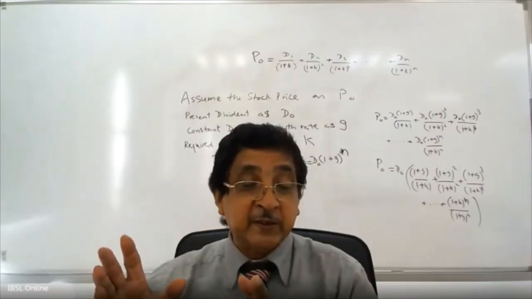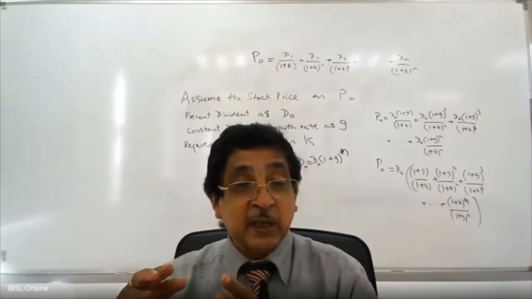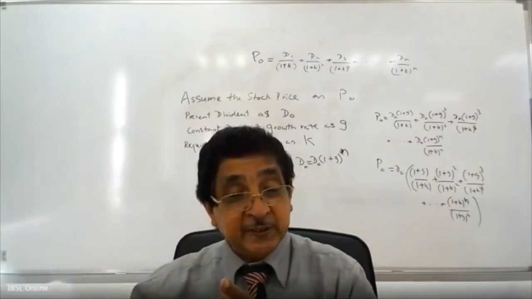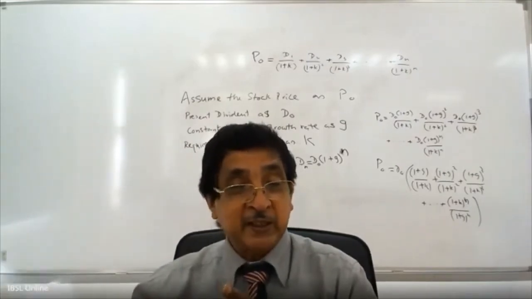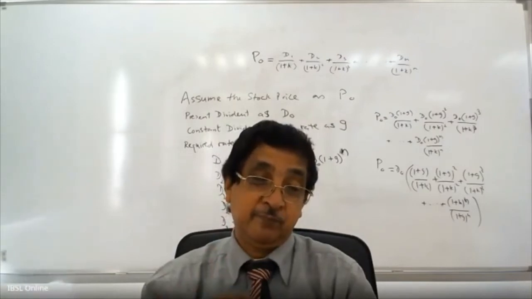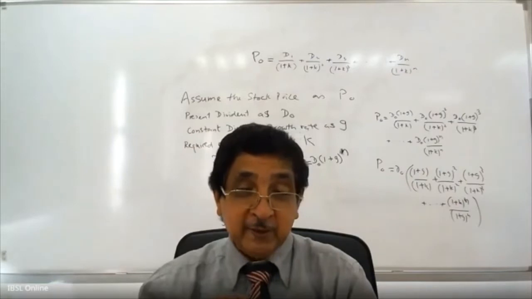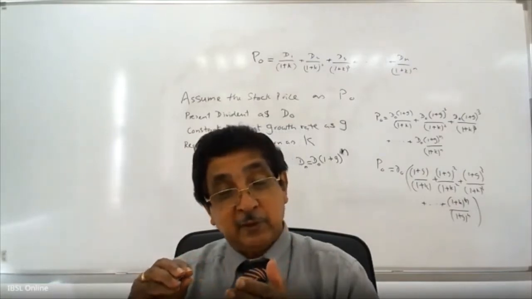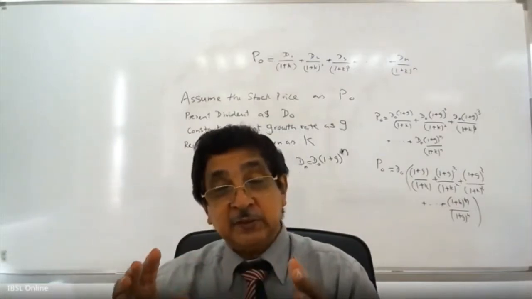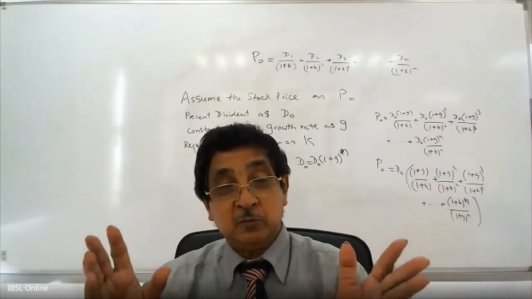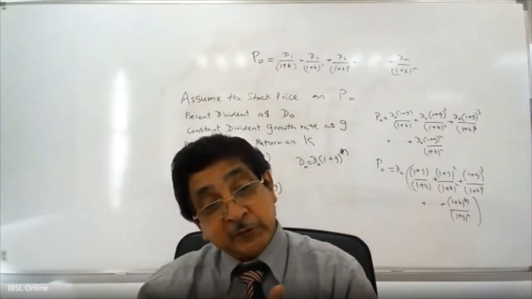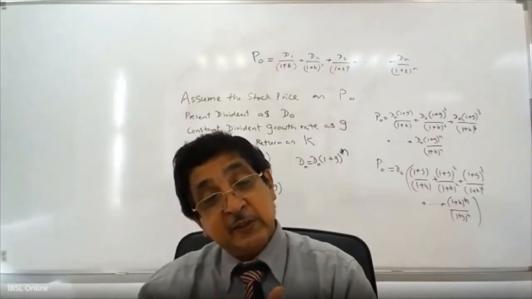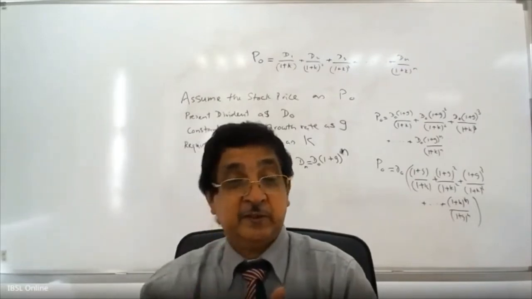We have seen that the items are in a geometric series with a common ratio of 1 plus G divided by 1 plus K. And another situation we have considered is that the growth rate of dividends is less than the required rate of return.